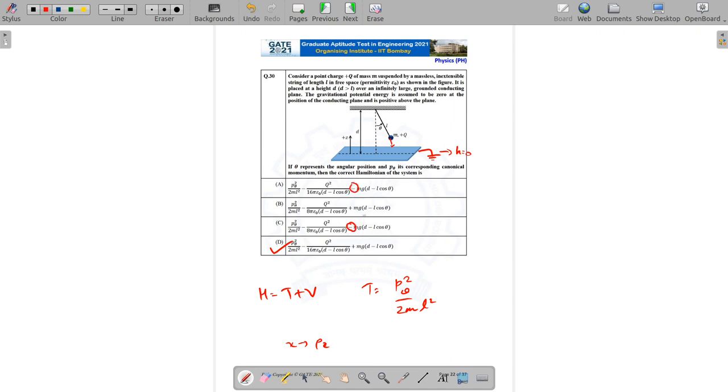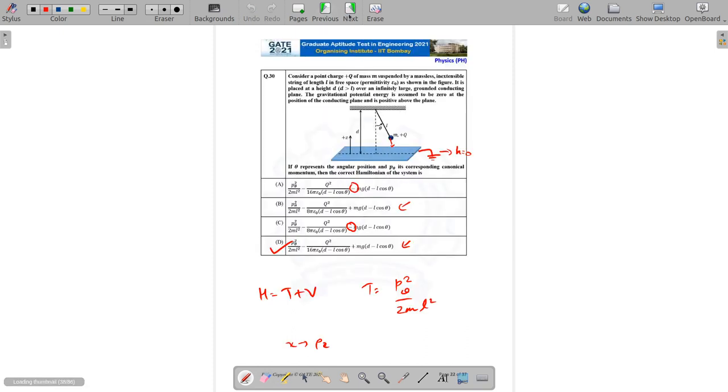So minus is not the answer, and you are again left with either this one or this one. Both of them have the correct kinetic energy, and the potential energy now has the one part which is the gravitational part. Now what else?